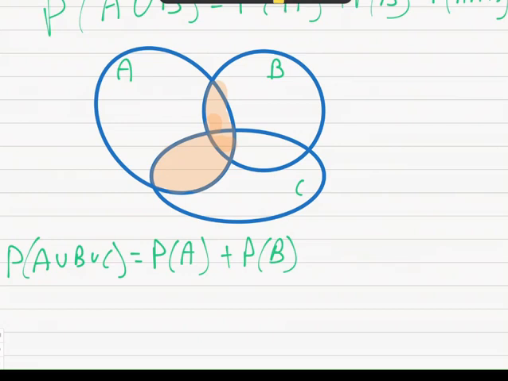And so then B gets all of these intersections, right? Then when we do the probability of C, we are getting these intersections here.